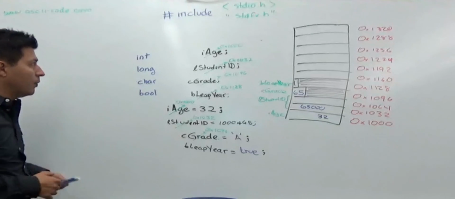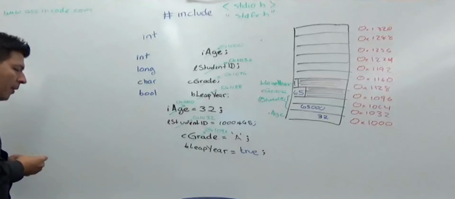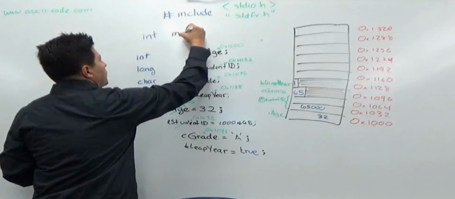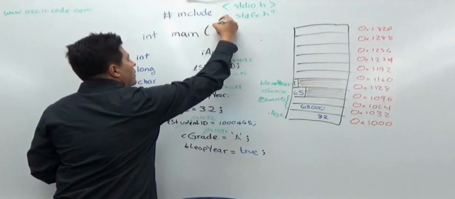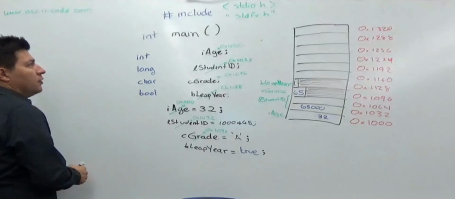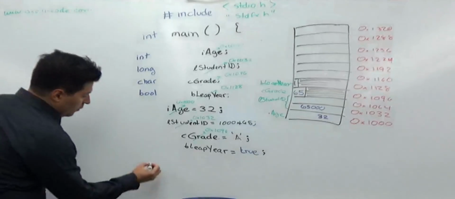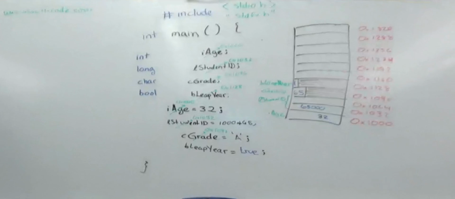So I need a main function that returns an integer. This is a function called main, which is like a variable, it's int, and it has parentheses. And because it's a function, I need to say this is where it starts, my curly bracket, and this is where it ends. So I need opening and closing curly brackets.